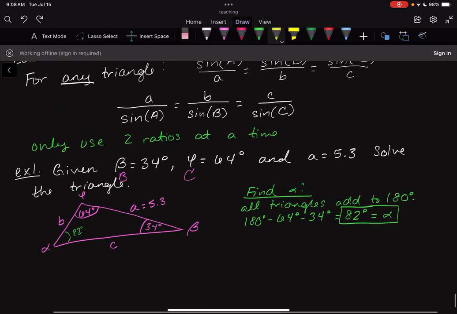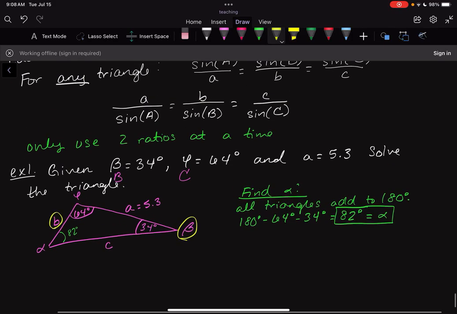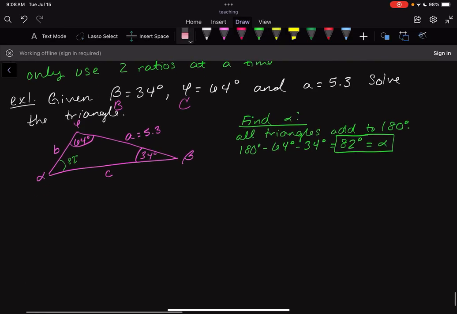We had beta, but we didn't have B. So no fully developed ratio there. And then we had A, but we didn't have alpha. However, it was pretty easy to go get alpha. So before you can use the law of sines, you need a fully developed ratio.